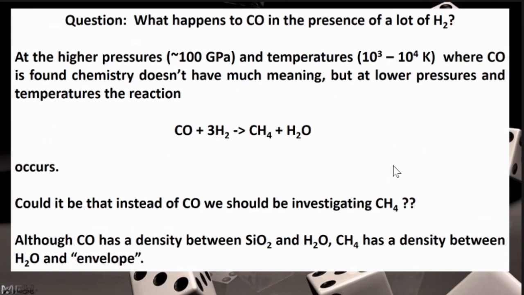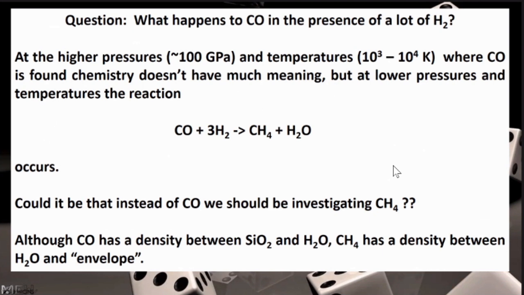But maybe somehow when you're forming the planet, the CO would react with the hydrogen and give you methane and water, and maybe that affects how these things are arranged within the planet. And so maybe we should be using methane instead of CO.